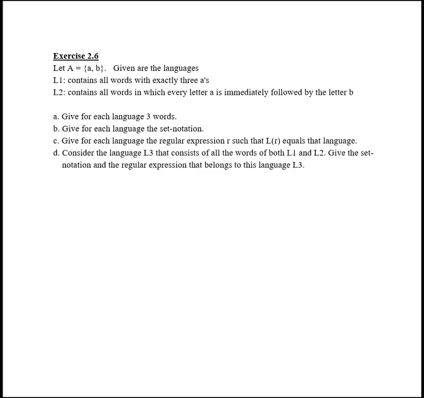Exercise 6. So give for each language 3 words. Well, language L1 contains all words with exactly 3 A's. So for instance, that would be AAA, or ABBAAB, or BABA... All sorts of possible combinations as long as there are 3 A's in there.